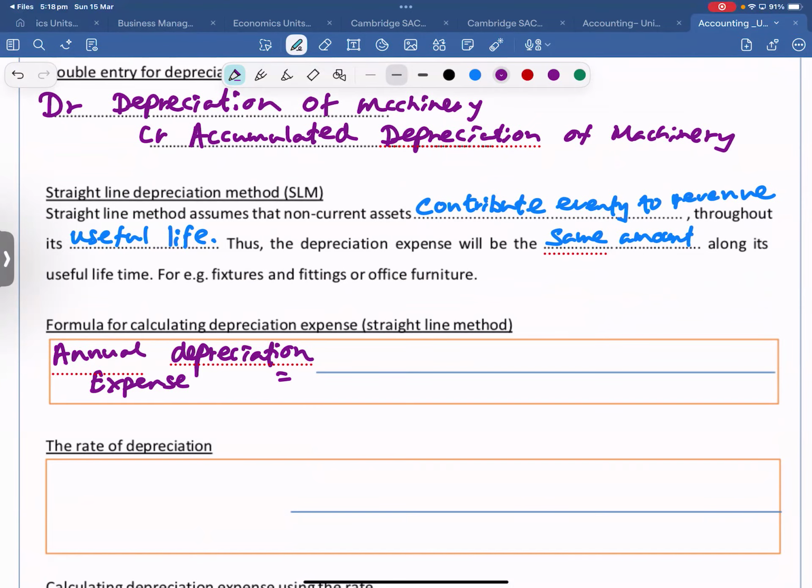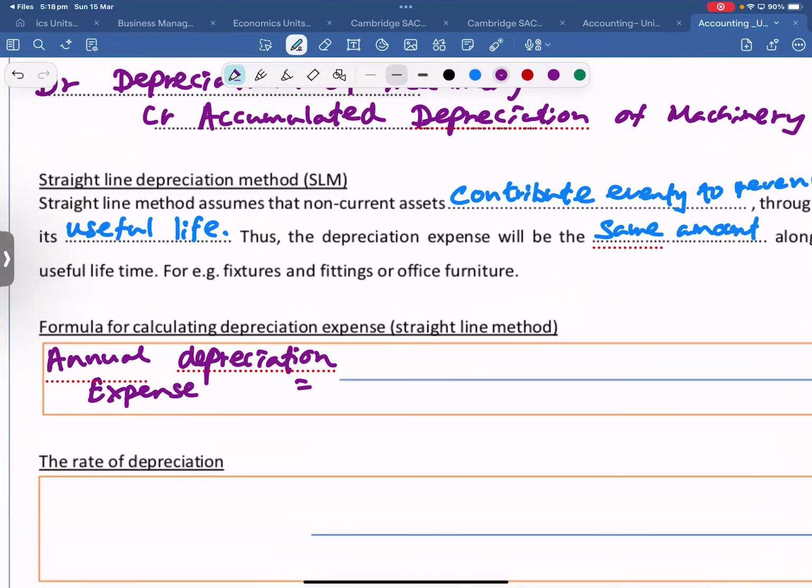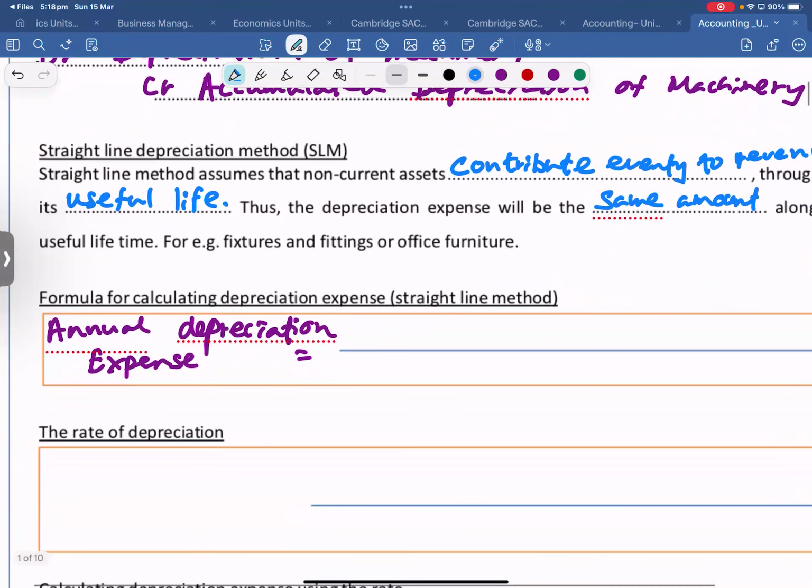Okay, guys, formula for calculating the annual depreciation expense. Anybody remembers? How do we get the depreciation percentage?